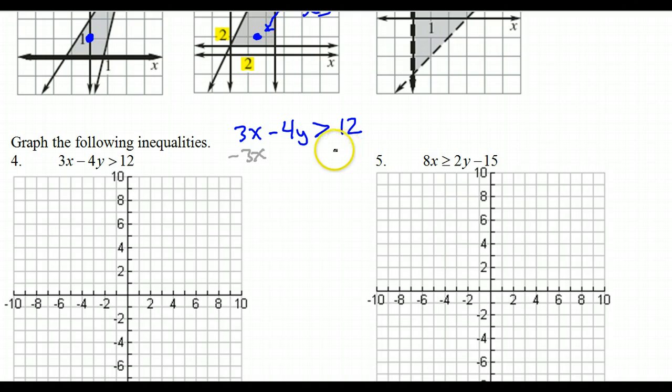So we would subtract 3x from both sides. But if we do that, we have negative 4y is greater than negative 3x plus 12. Now we have to divide by negative 4.